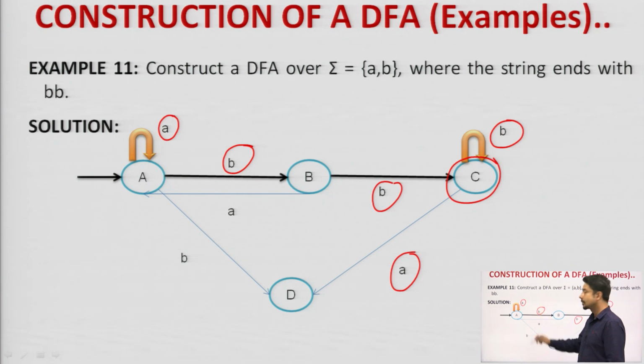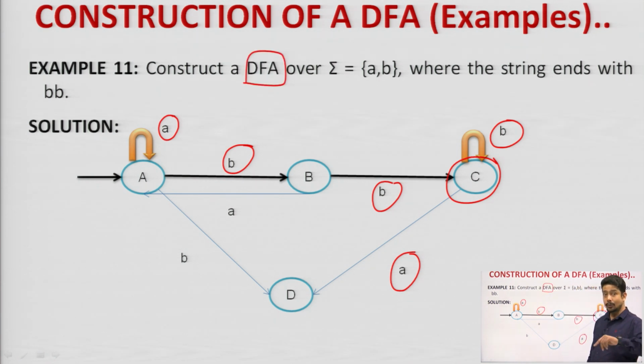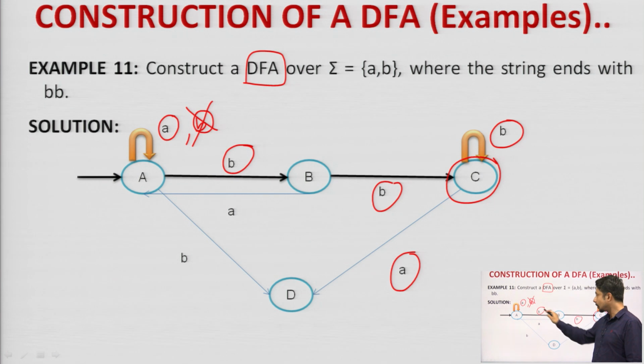Because there is already a transition, and now we are concentrating only on DFA, not NFA. If it would have been NFA, then you can put A comma B, there is no problem. I will discuss that in the NFA part, but for the time being it is a DFA. So, I cannot take a B transition over here, this is not possible, because the B transition is already there.